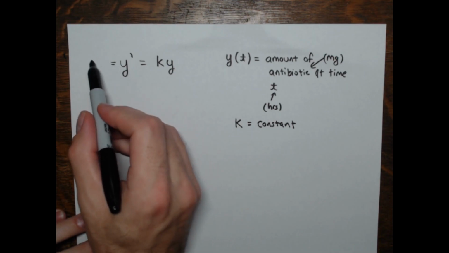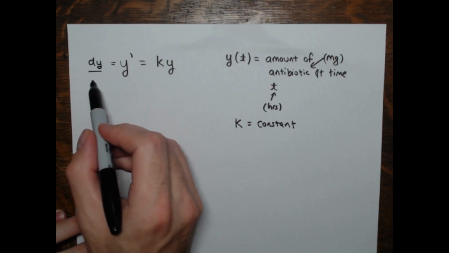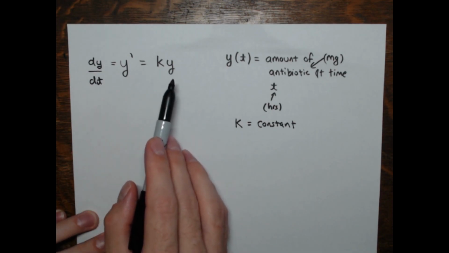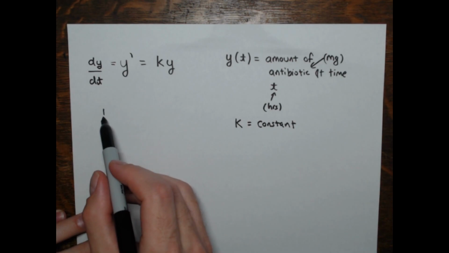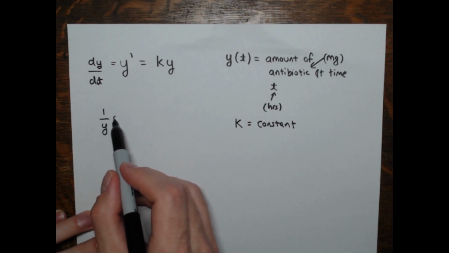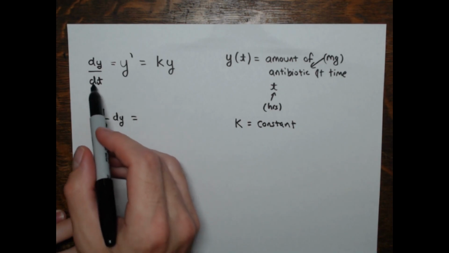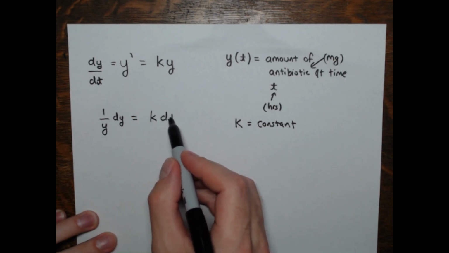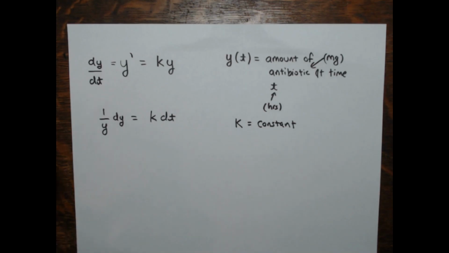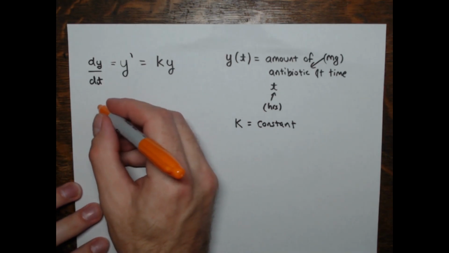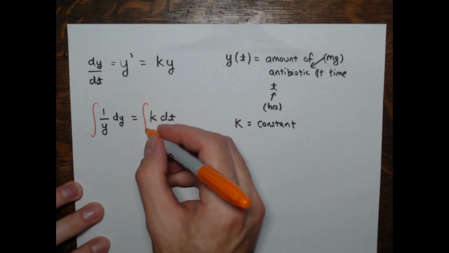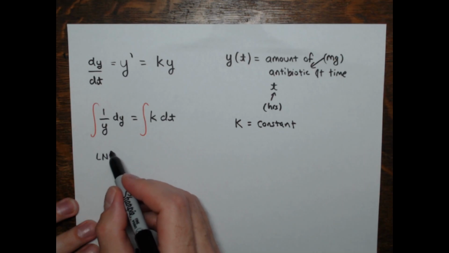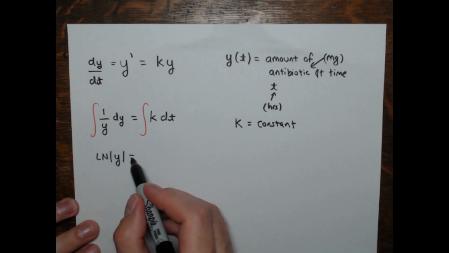All right, so y prime here I can think of as dy over dt. And then we can do a separation of variables. Divide by y, you get 1 over y times dy. And move the dt over here with the constant, and you got k dt. There's your separation of variables. Integrate. Left side, you got the natural log of the absolute value of y.